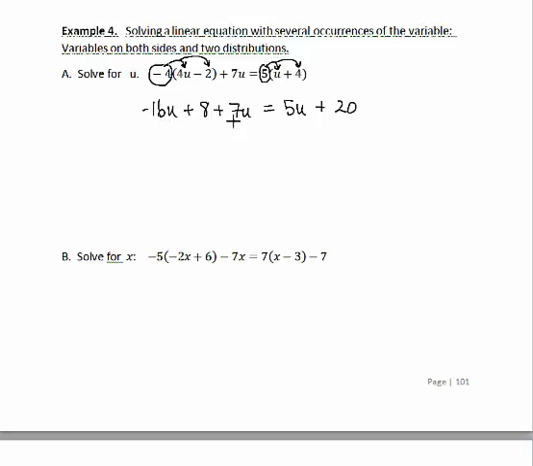On the left, I have two like terms that I can combine. So we'll do what we can on the left and the right separately. So I'm still working on the left. I don't want to start moving anything back and forth across the equation yet. On the left, I have the negative 16u and the 7.